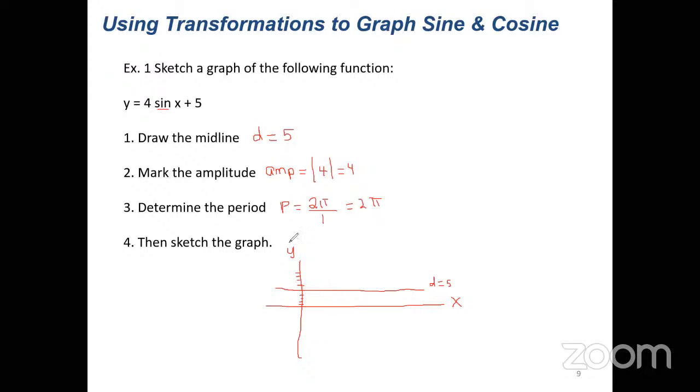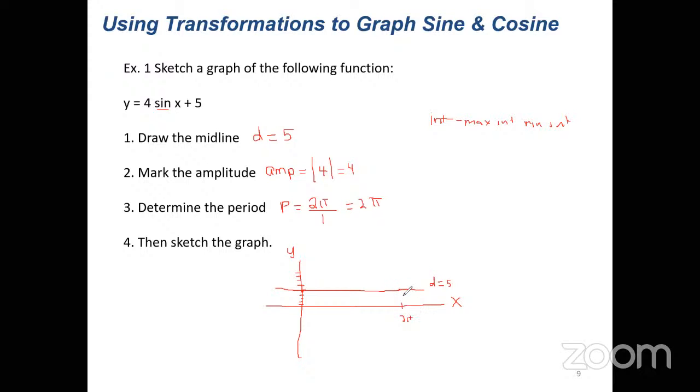Sine is going to be, let me write it here, intercept, max, intercept, min, and then intercept. So we know that the period is 2 pi. So the point is right here, and then we have 2 pi. Let's say 2 pi is here.